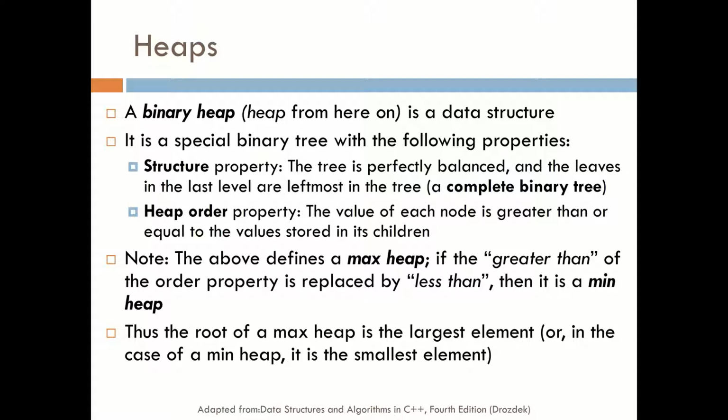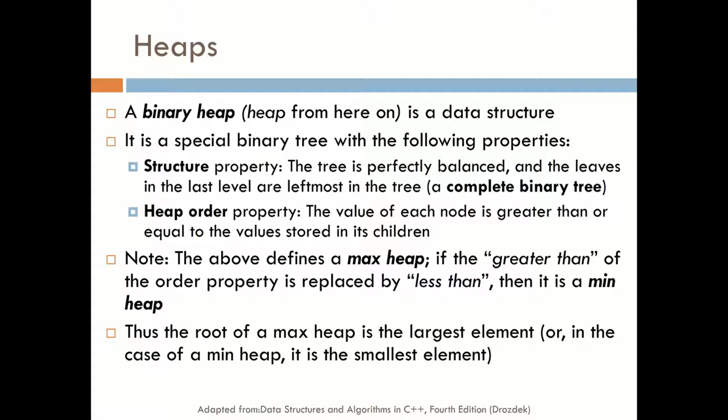The other property that is possessed by the heap is the heap order property. And the heap order property says that the value of any node in the heap is greater than or equal to the values of its children nodes. So this in fact defines what's called a max heap.